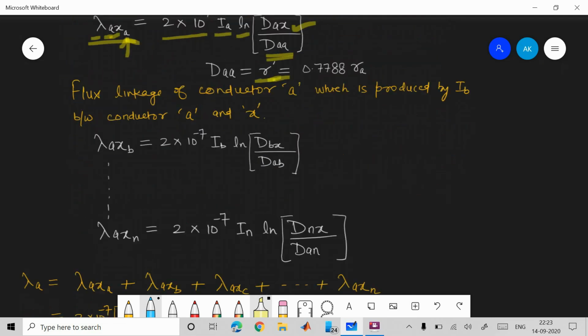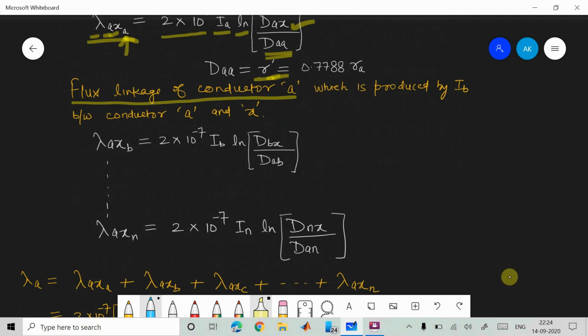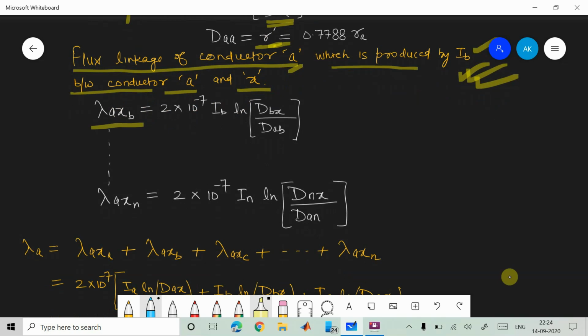Now see, the flux linkage of conductor A, again for conductor A, which is produced by current IB, between conductor A and X. Now we are going to write the flux linkage of conductor A to the point X due to the current flowing in conductor B. Previously we wrote the flux linkage of conductor A to the point X because of the current flowing in conductor A itself, that was IA, but now we are taking the IB current, meaning current in conductor B. So for that, lambda AXB means the flux linkage of conductor A to the point X because of the current in B conductor, meaning IB.